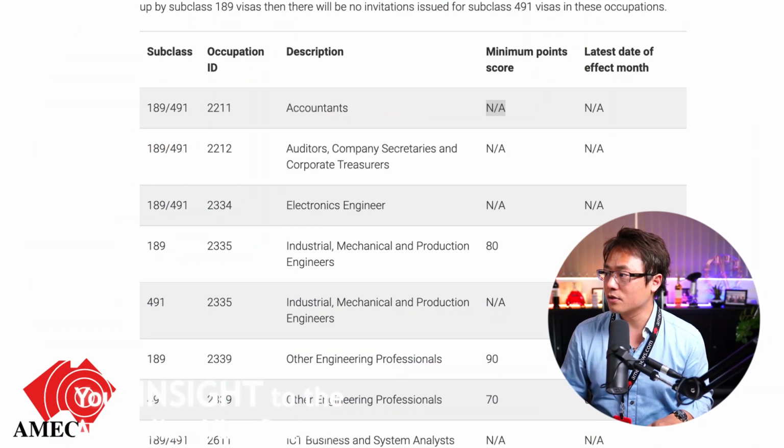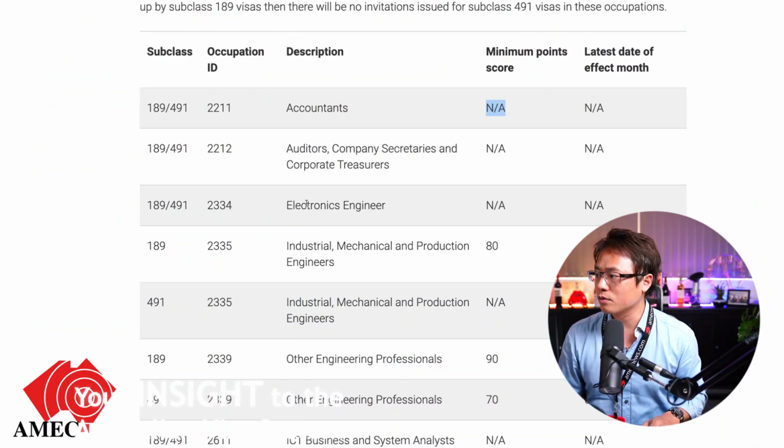Obviously, you get your full skill assessment done, and then you potentially get into employer sponsorship and perhaps a 491 visa through the regional skilled migration pathway, rather than straight away into 189. That's what we just saw, because basically what you're seeing here, accountant is not available at all. They just don't want accountants at this point in time.